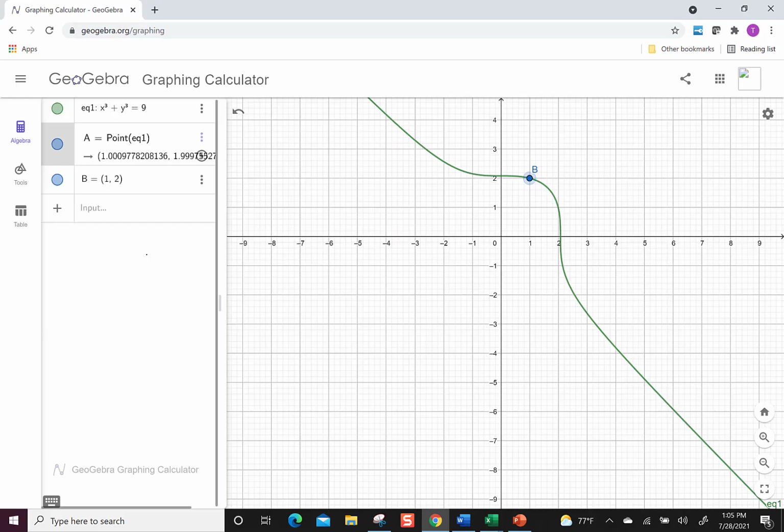To help you understand what we're talking about, I graphed x cubed plus y cubed as 9, and then I put on the point (1, 2). We said that x is going to change by 3, so I'm going to move this point 3 over. So think we were at 1 and we're subtracting 3, that's going to put us at negative 2.